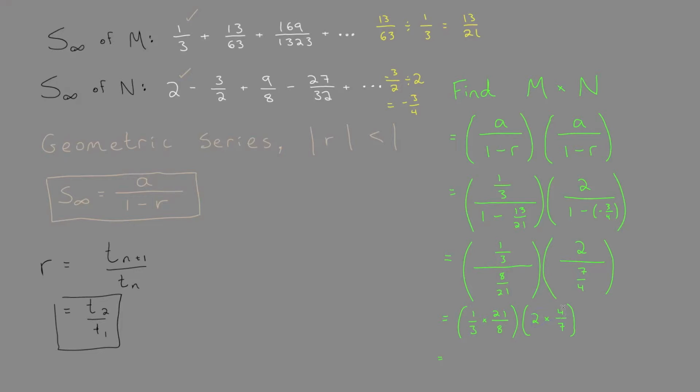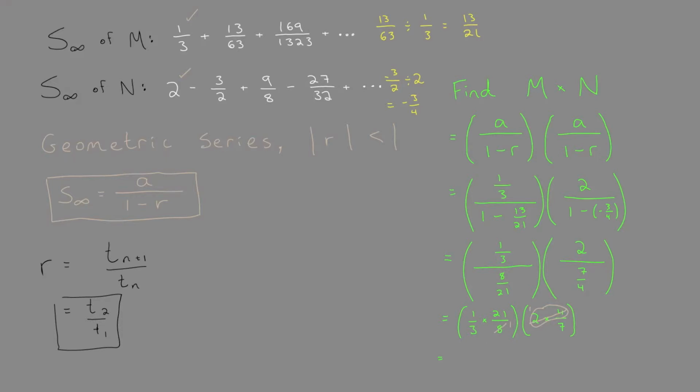So on the right hand side, we see this is 2 times 4 is 8. We have a denominator of 8 on the left side, so that would reduce to 1 over 1.